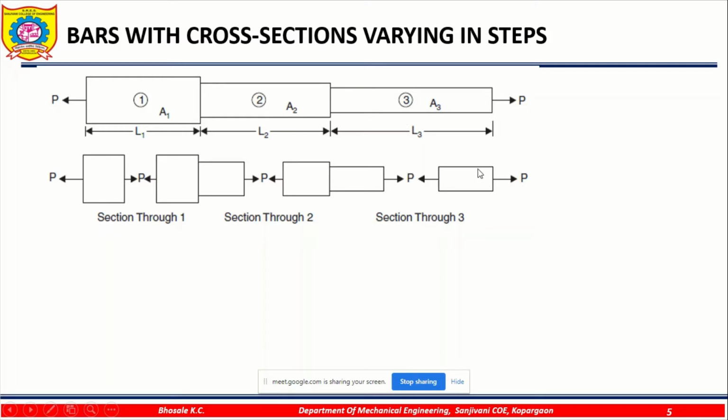Similarly, this is the third part, and whatever load is on the right side, we have to apply here. We only have to determine how much load is applied in the middle part.